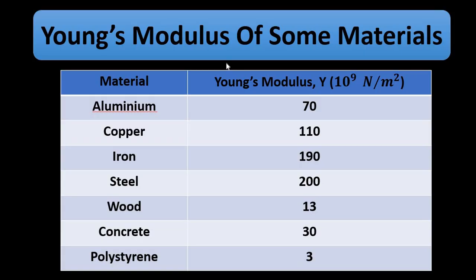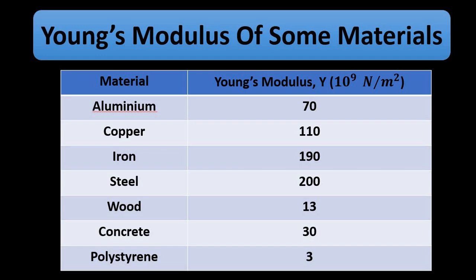For aluminium it is 70, copper 110, iron 190, steel 200, wood 13, concrete 30, polystyrene 3. So here are some values of commonly used materials with their Young's modulus values.